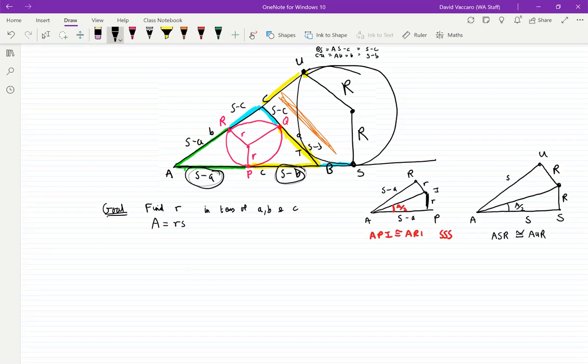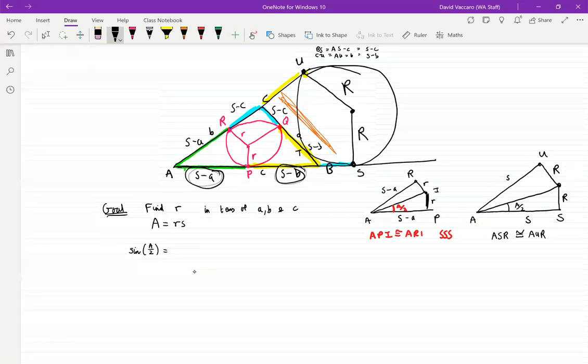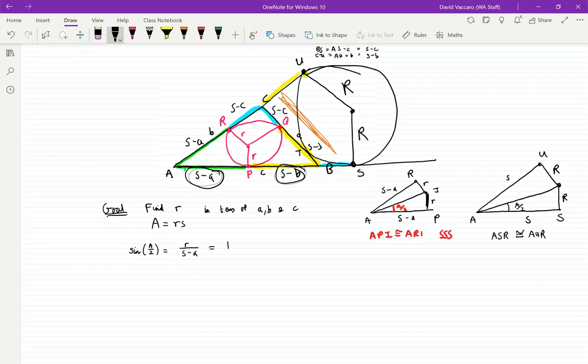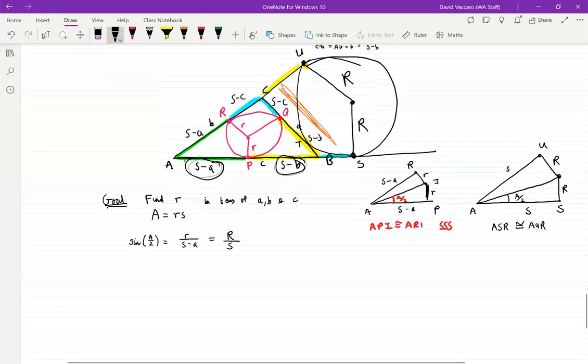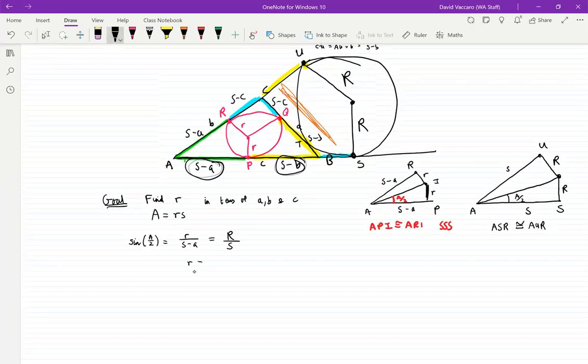So because I've got two similar triangles, I can say that the sine of angle A over 2 on the one hand is r over S minus A, but on the other hand, it's R over S. So my little inradius here is R times (S minus A) over S. Okay.